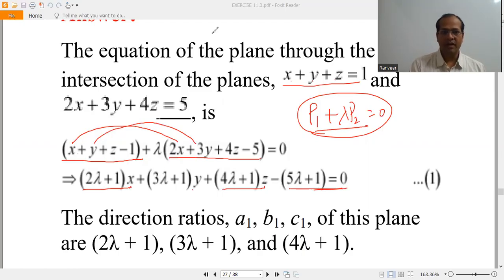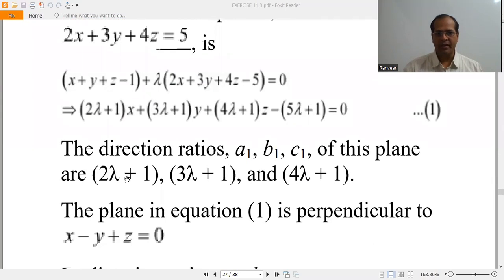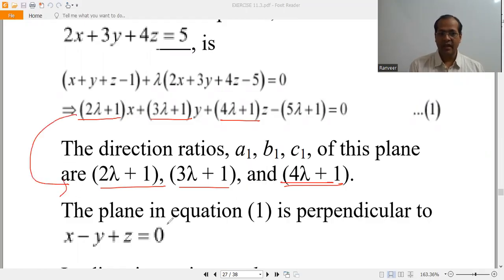Now, when we convert this into the form ax plus by plus cz plus d equal to 0, this is the required equation of the plane, whose direction ratios are the x coefficient, y coefficient, and z coefficient. Now the plane is perpendicular to the given plane, whose direction ratios are 1, minus 1 and 1.